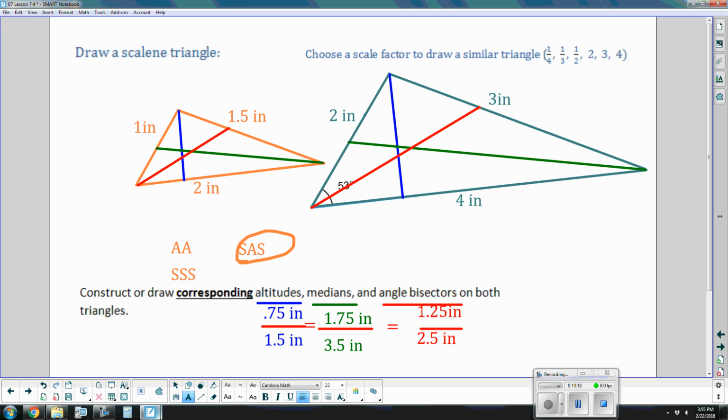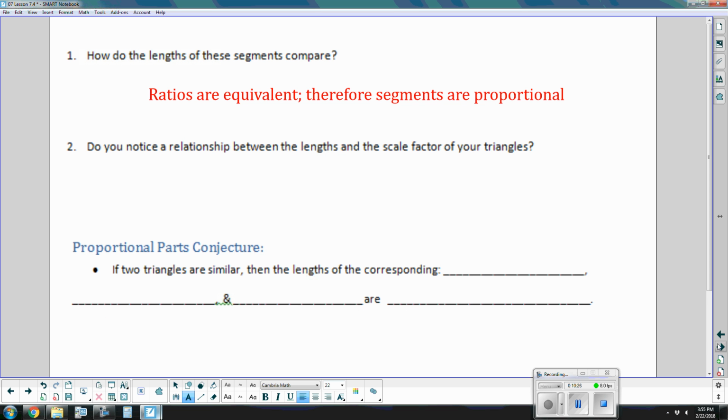And lastly, for my angle bisector length in my small triangle to my angle bisector length in my large triangle, I had to multiply by 2. So yes, the same scale is applied.